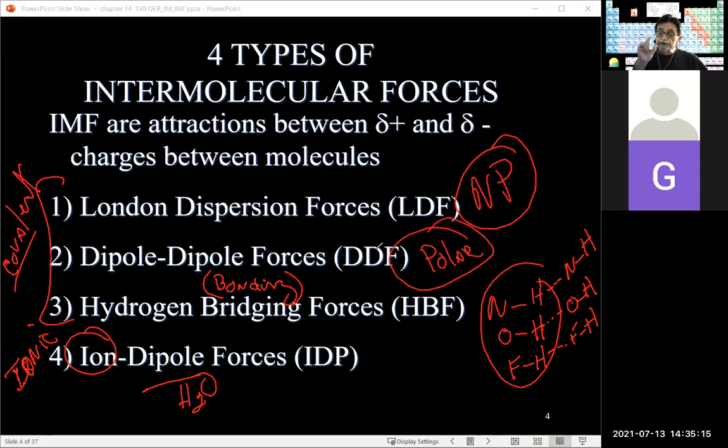And polar molecules, specifically the special cases only, where hydrogen is bonded to nitrogen, oxygen, or fluorine, have an additional force, which is not overwhelming, but is stronger than the dipole-dipole force. That's called hydrogen bridging, also known, by the old naming, as hydrogen bonding. And then ion-dipole forces deal with an ionic compound, normally within an aqueous system.